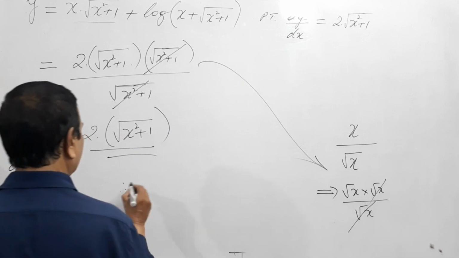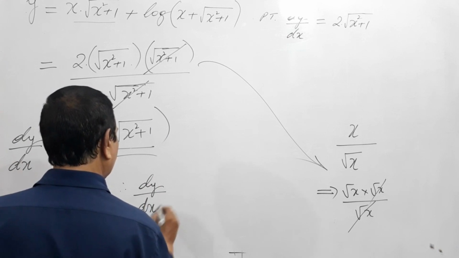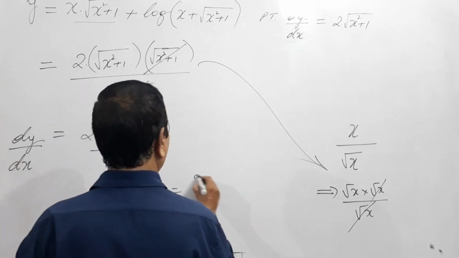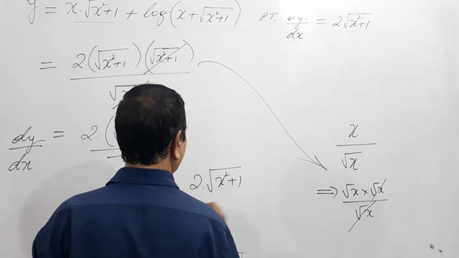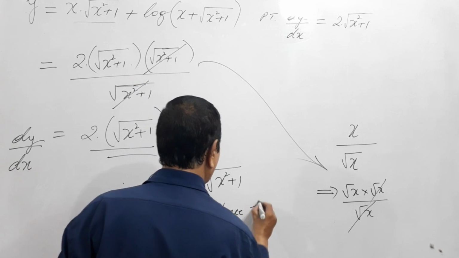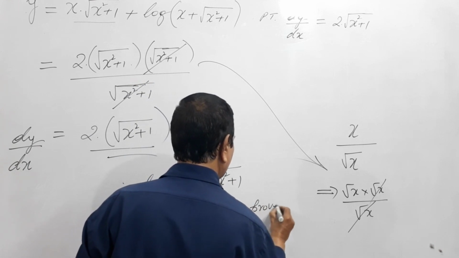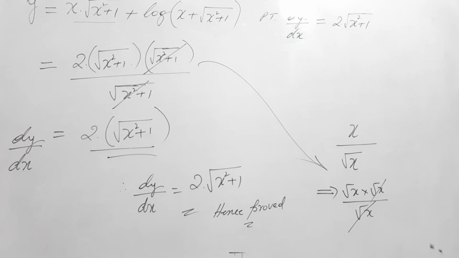Therefore dy by dx equals to 2 into square root of x square plus 1, hence proved. Mark this, it is an important problem.